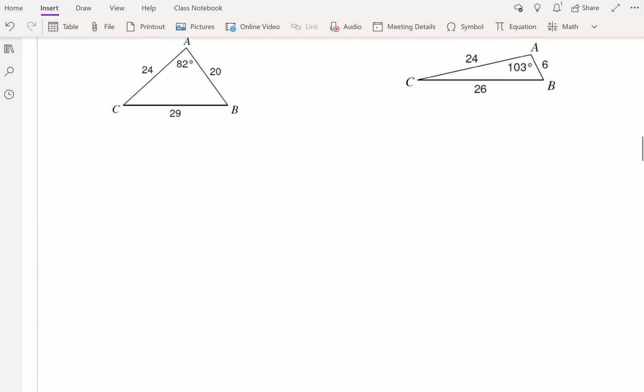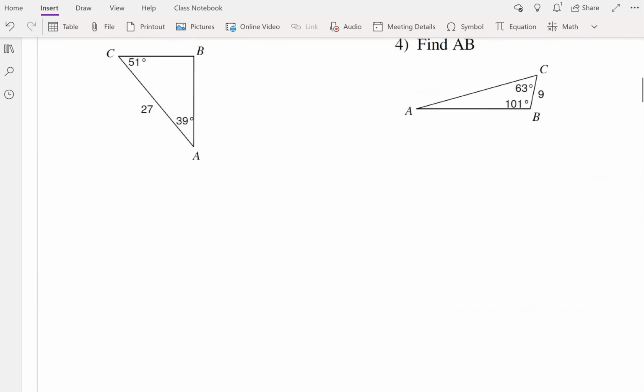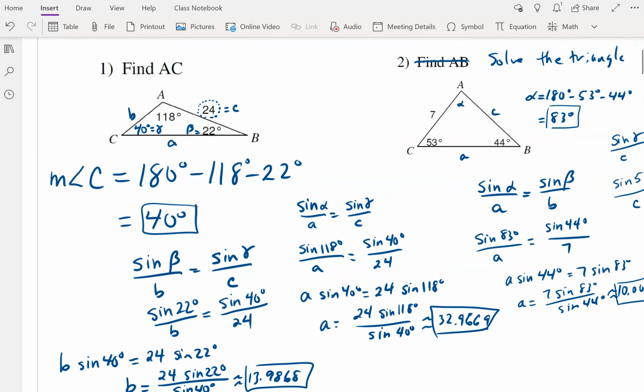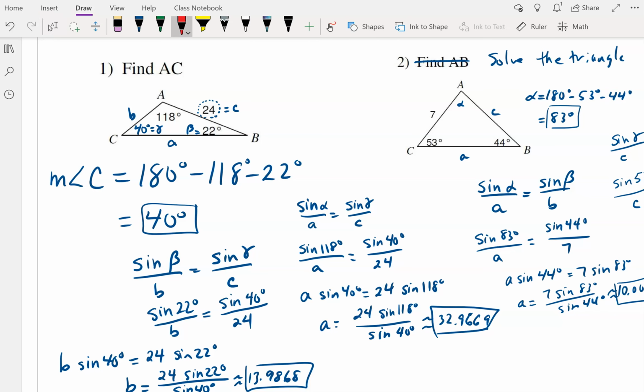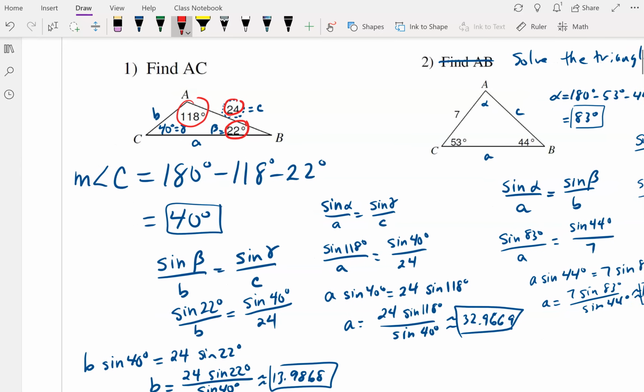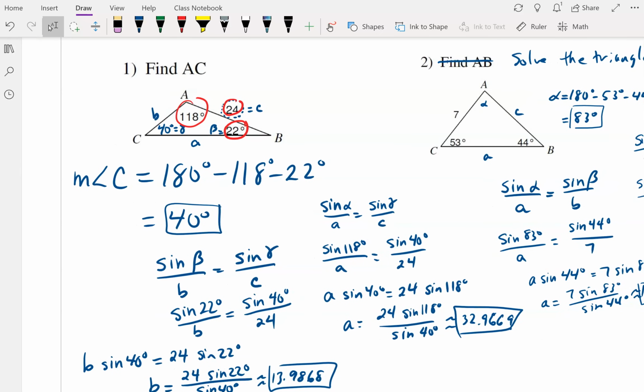So notice in the problems that we did before, let's go back up to the very, very first one. Notice that in the very, very first problem, we were given two angles and an included side. Remember, if you think about that from your geometry class, that's referred to as angle side angle.